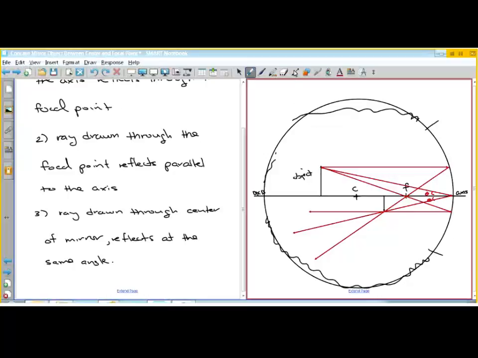Now the third case is if you draw straight from here through the center, and again it doesn't quite match up because I don't have everything perfect, but this one goes through the center, and if you go through the center, you're perpendicular to the surface. I think part of the problem is this center is not exactly centered, and I probably need to fix that. But anyway, those are the 4 lines. We only need 2 of them.